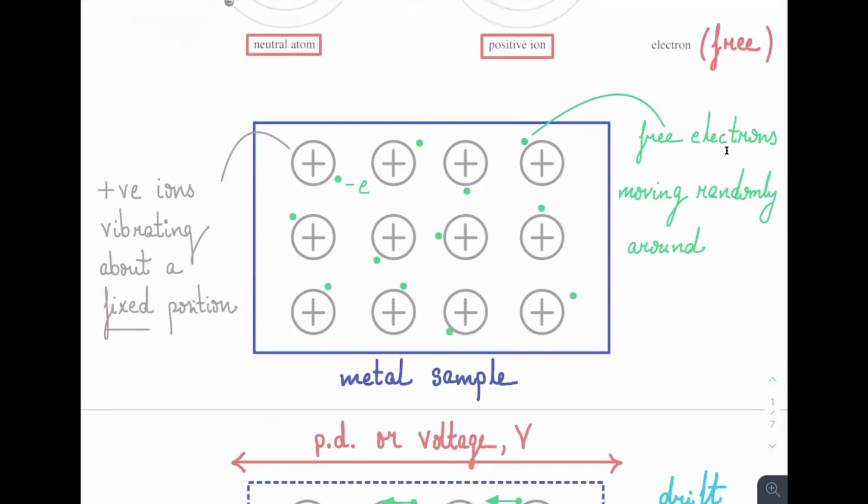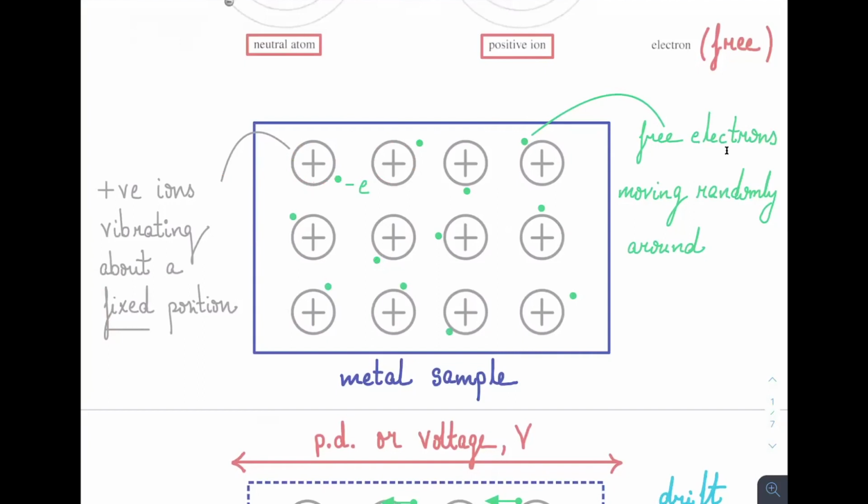We are not saying that it is positively charged, but we are saying, I repeat, that its structure consists of these positive ions, which have a fixed position and they are vibrating due to thermal energy about that position, and the loosely bound electrons are free to wander randomly and chaotically around the metal.